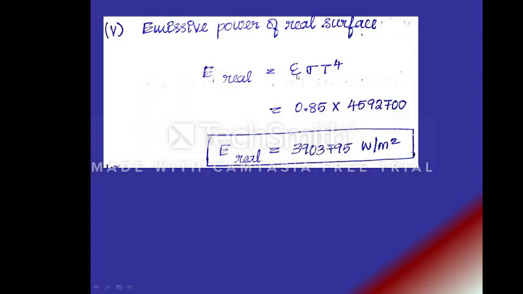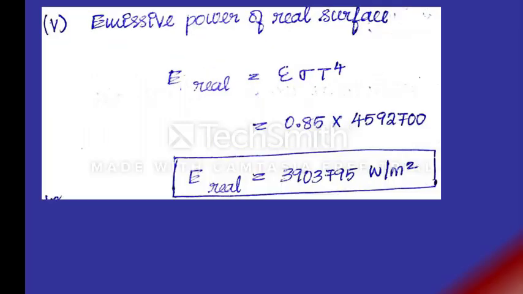We just multiply it by the emissivity of the given real surface, we will get emissive power of the real surface. So epsilon is given as 0.85 in the present problem, and sigma T power 4 comes to be 4592700, right? So finally we will get emissive power of the real surface as 3903795 watts per meter square. Clear?